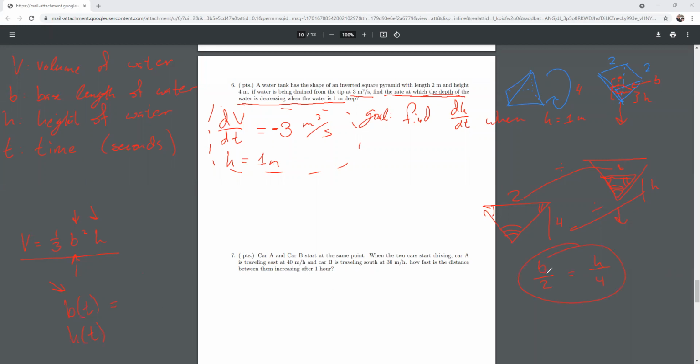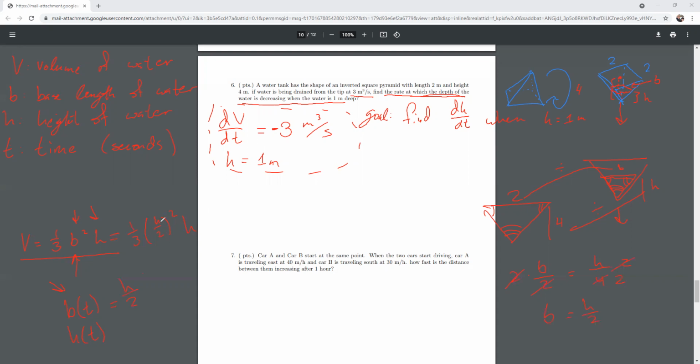We have this equation now. Let's multiply both sides by 2. These cancel, this cancels with that, and we get a 2. So b is equal to h over 2. This is exactly what we want, because now we can change our formula to be 1/3 (h over 2) squared times h. And now this is much easier to work with.